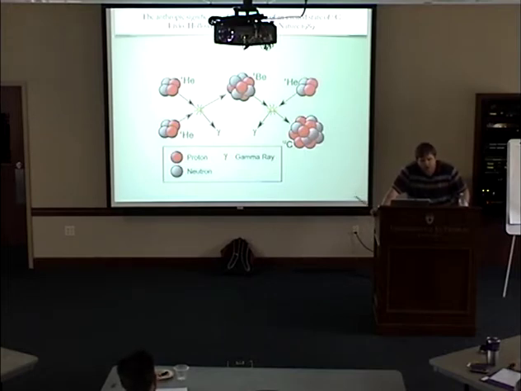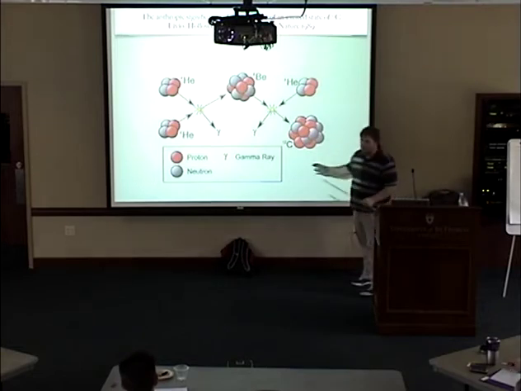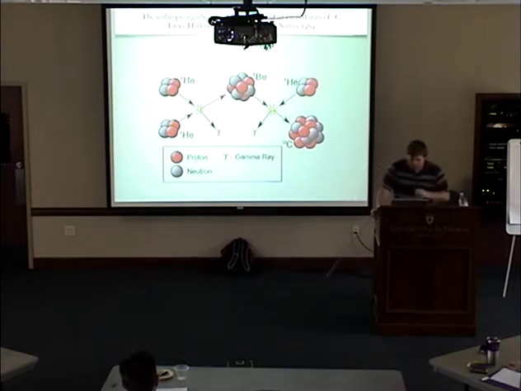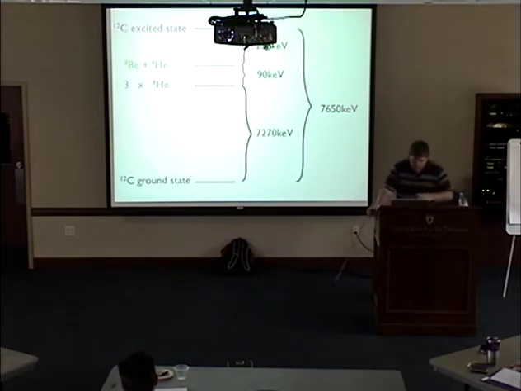And the missing ingredient was that there is a resonance level in carbon. What that means is there's a sweet spot, if you like, so that there is an excited state of carbon which forms a sweet spot so that this reaction goes faster. Let me try to explain that a little bit more.